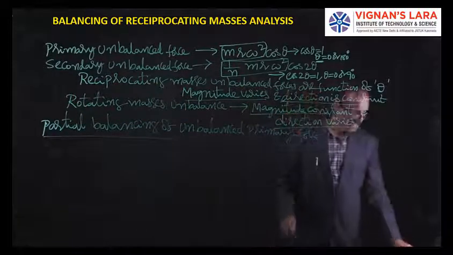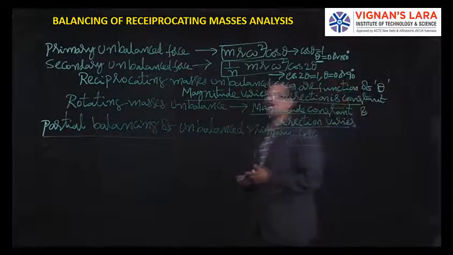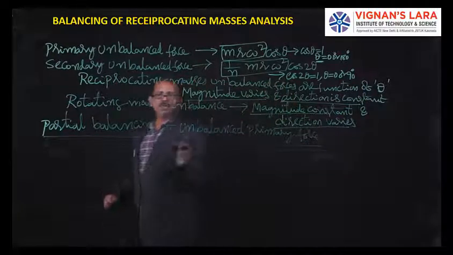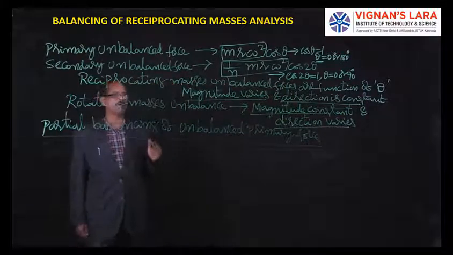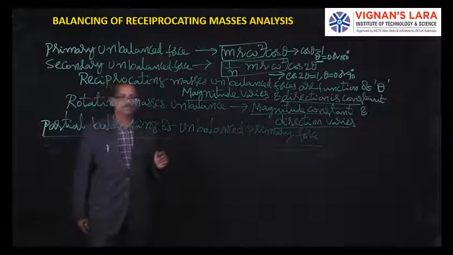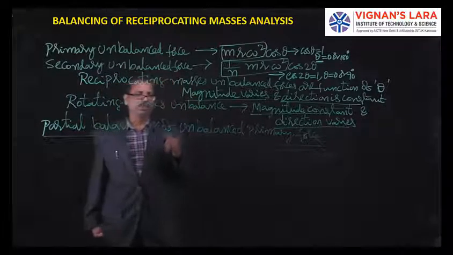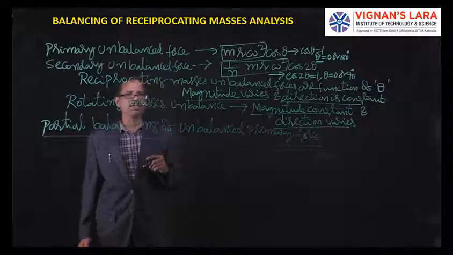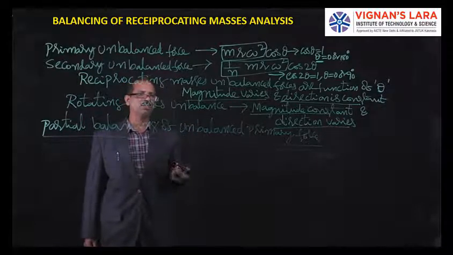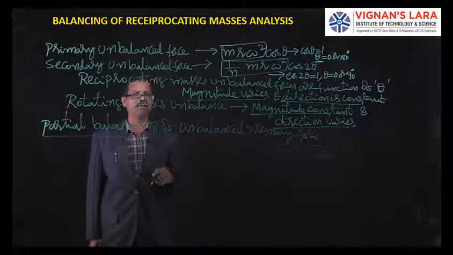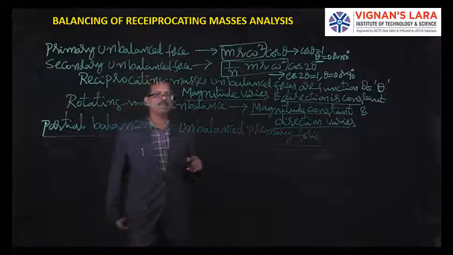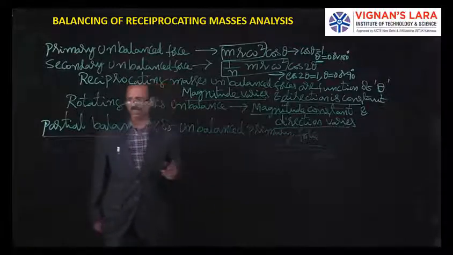What is the need of balancing the reciprocating unbalance only partially, not completely? At the very beginning of the lecture, I said that balancing of reciprocating masses is made similar to rotating masses balancing with some consideration. What is that consideration?